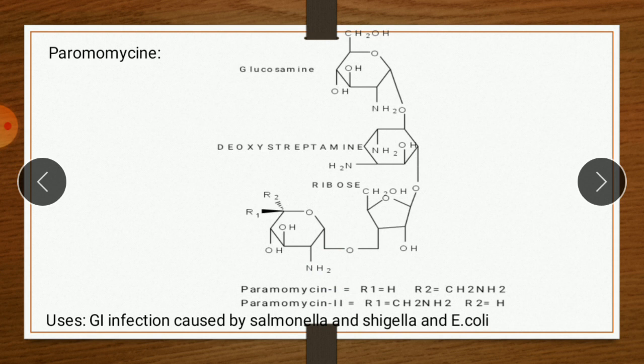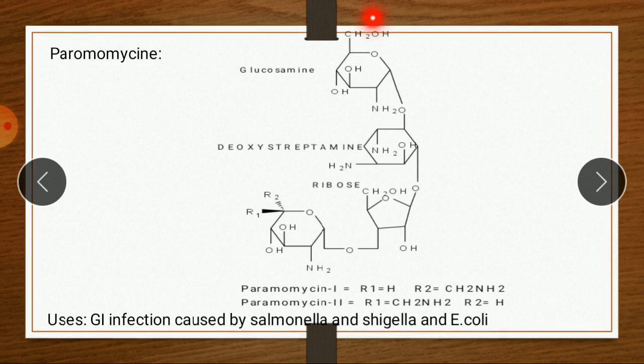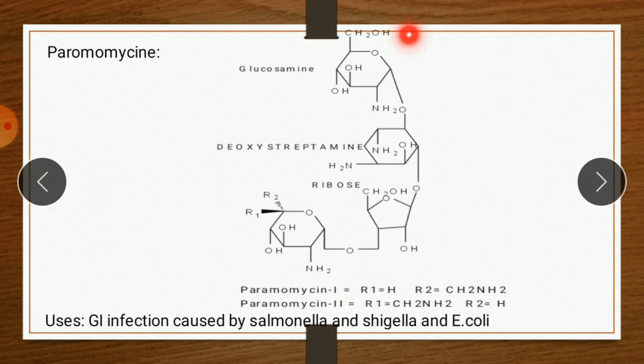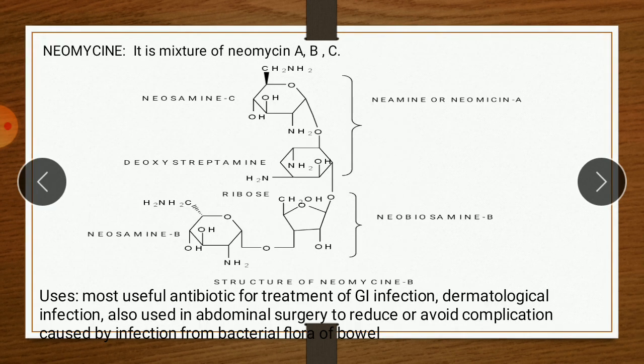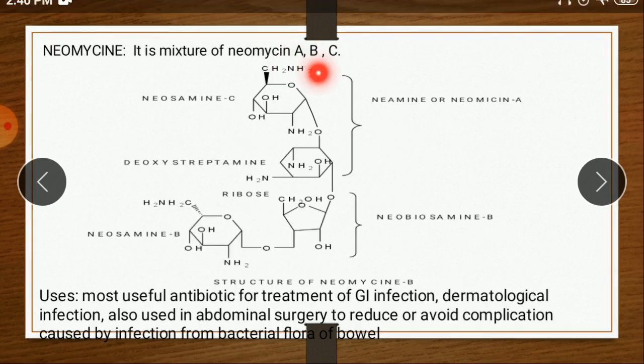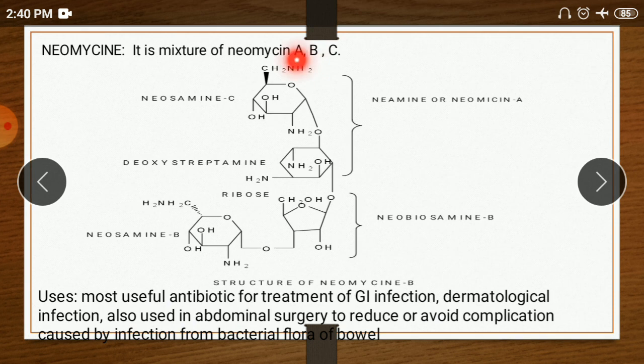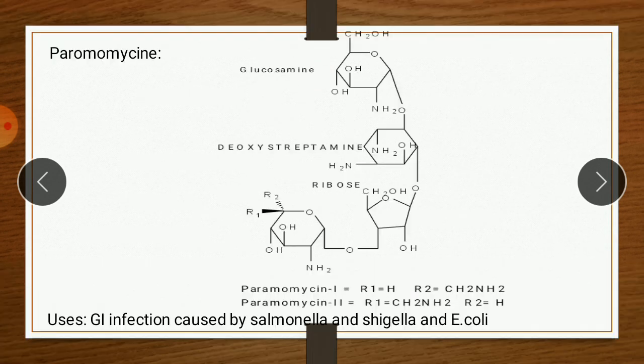In case of Neomycin B, this group is CH2NH2. But in case of Paramomycin 1, this group is CH2OH. So Paramomycin 1 has the same structure as Neomycin B, except that the above ring contains a CH2OH group instead of a CH2NH2 group.